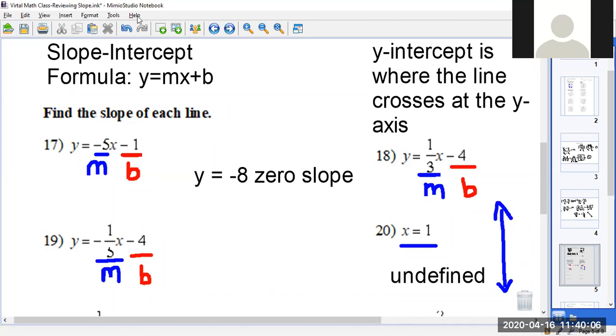Well, I wanted to go back because my internet was messing up. So what did y'all do for 17? We are just identifying the slope and the y-intercept. That's all we did. I was over here solving.